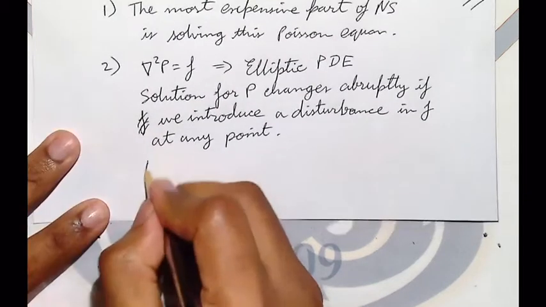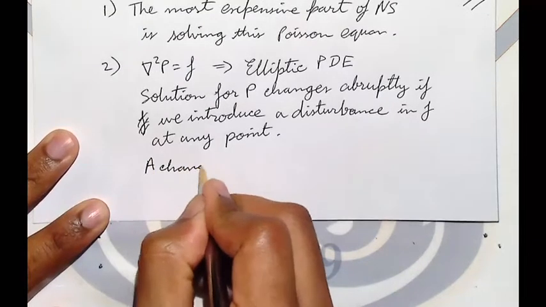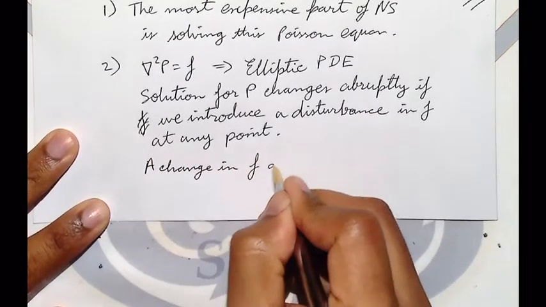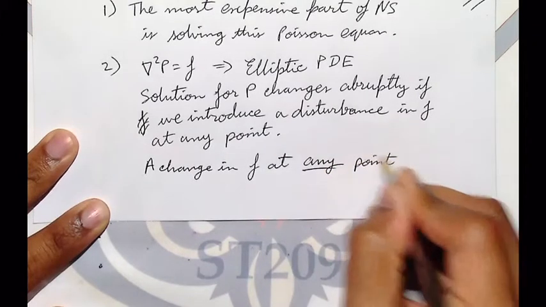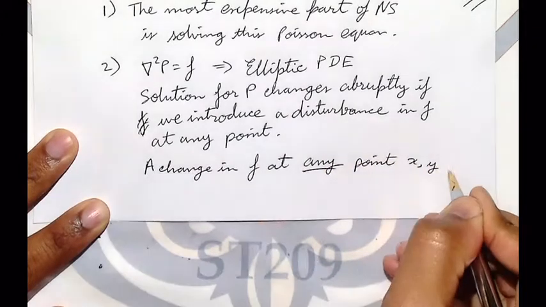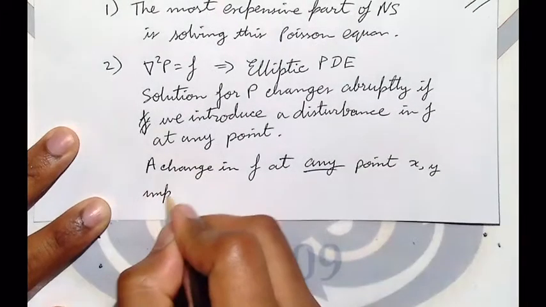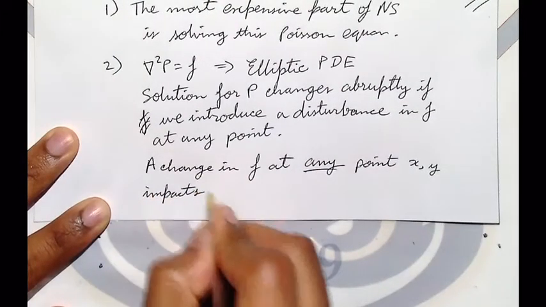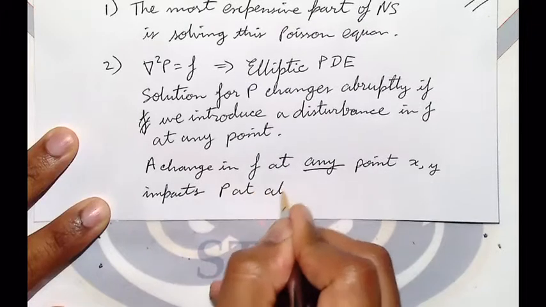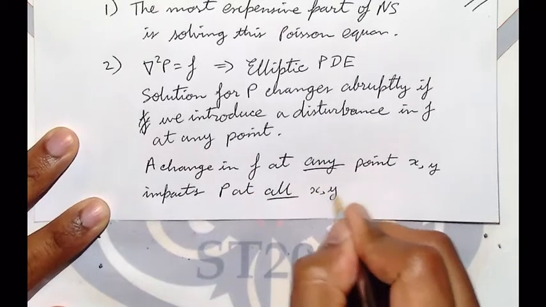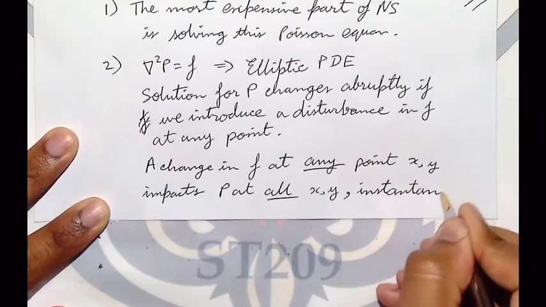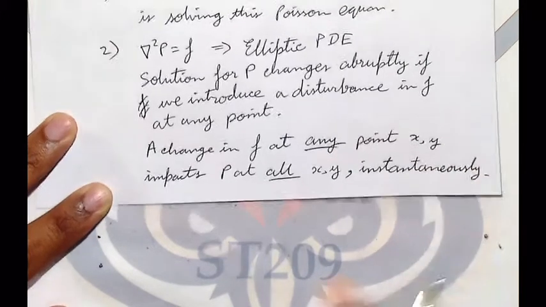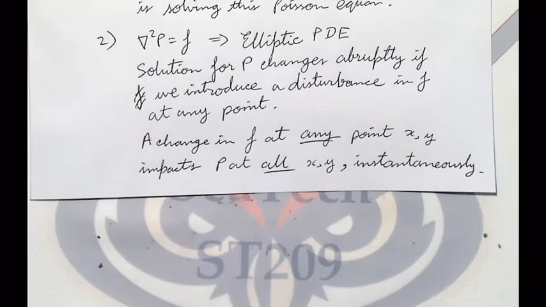So change in F at any point x, y impacts P at all x, y instantaneously. Does this make sense now? You don't believe it?